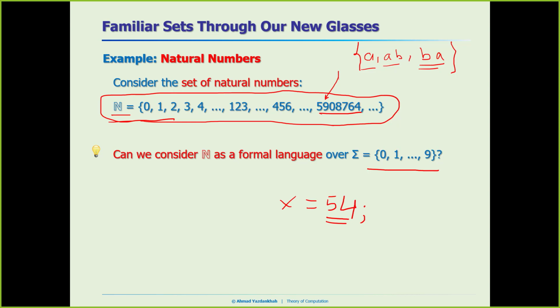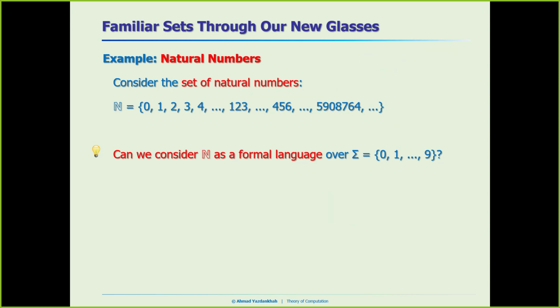So the Java compiler reads everything as a string, and then it gives meaning to all of this stuff. So yes, these are strings, and the set of natural numbers is a formal language based on our definition.